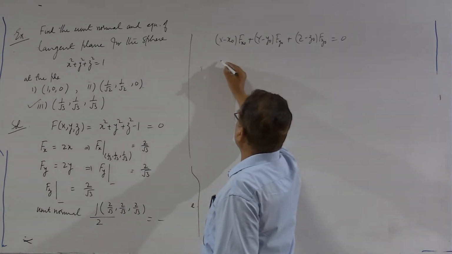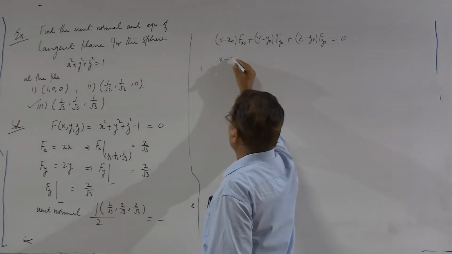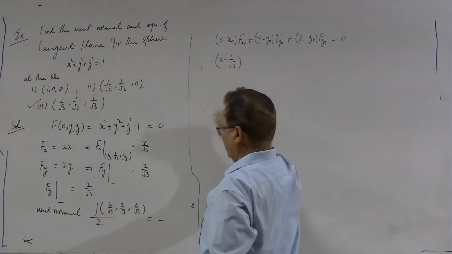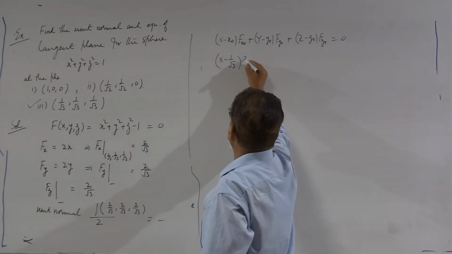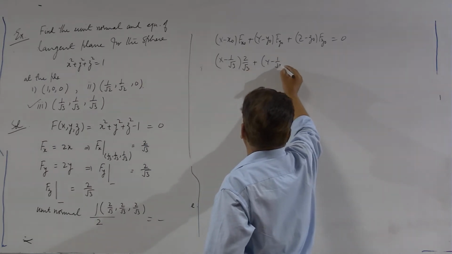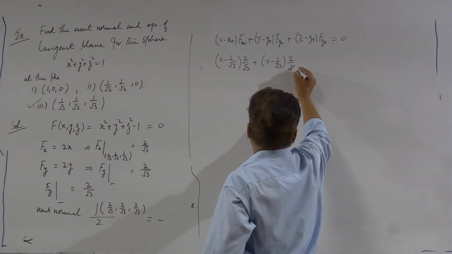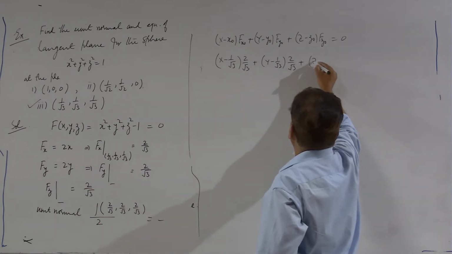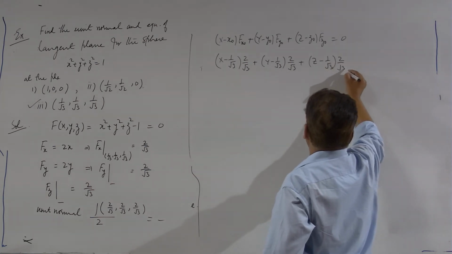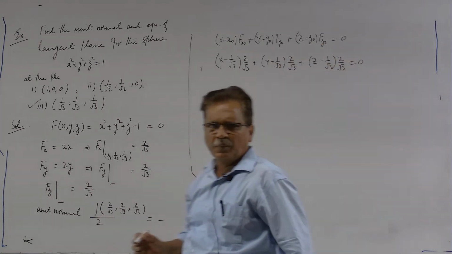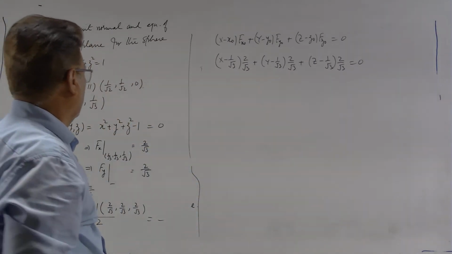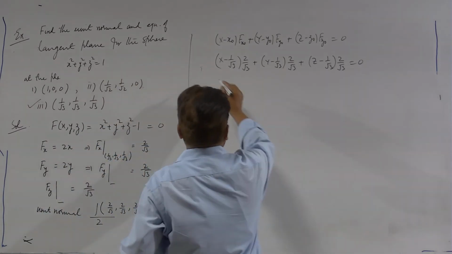So, in our case x minus x 0 is 1 upon root 3, f x 0 is 2 upon root 3 plus y minus 1 upon root 3 into 2 upon root 3 plus z minus 1 upon root 3 into 2 upon root 3 equal to 0. Just simplify it and you get the equation of the tangent plane. Okay, so computation I am not going into.